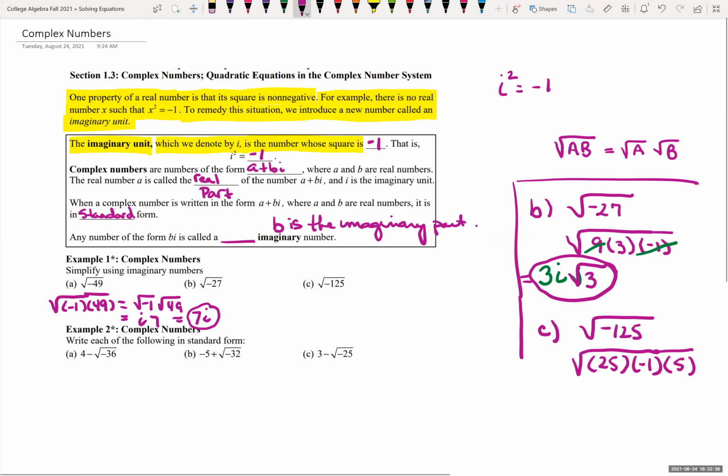Pull out the perfect square. So the square root of 25 is 5. Square root of negative 1 is i. And then we have square root 5. So our answer for the square root of negative 125 is 5i root 5.